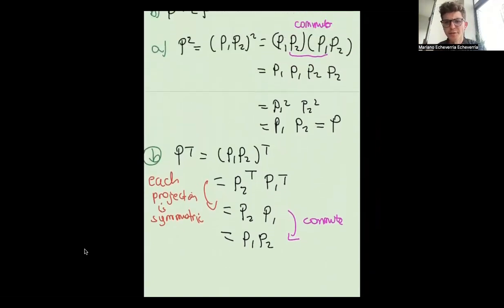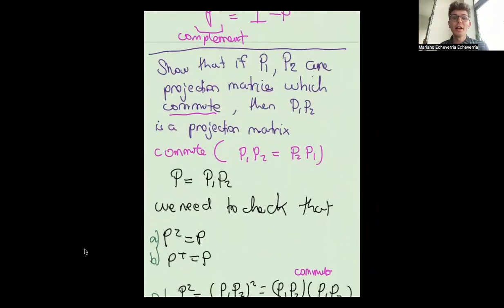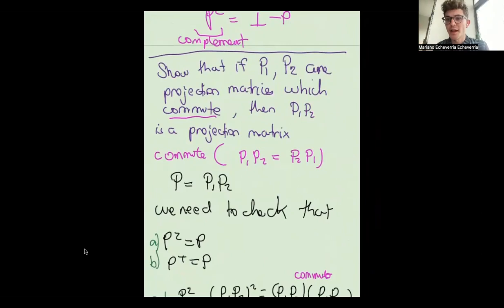Any questions up to this point? I have a question. Yeah, so the order of P1 and P2 can be switched? Right, by assumption. It's not something that happens all the time. The hypothesis is that you can switch it.